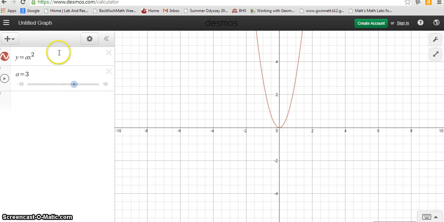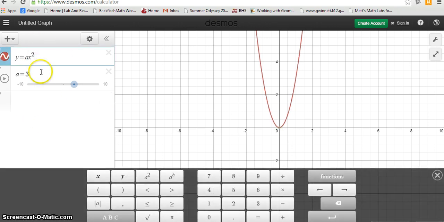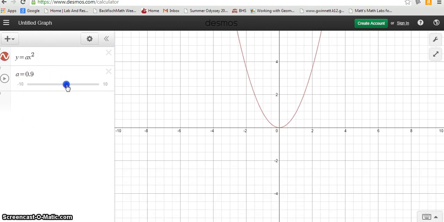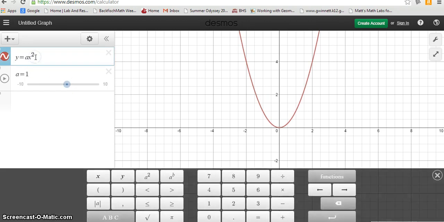How about adding and subtracting? I think I'll go ahead and take my a and put it back to 1, which is sort of like the default. Here's my parent function again. And I'm going to add a letter. Let me add it inside. And notice this is not the next thing on your chart. This is the bottom of the chart. I'm adding it inside the squaring.